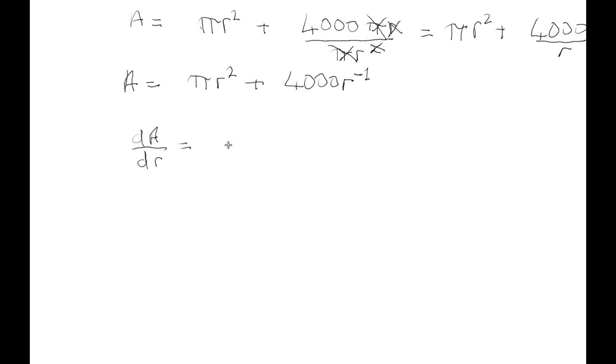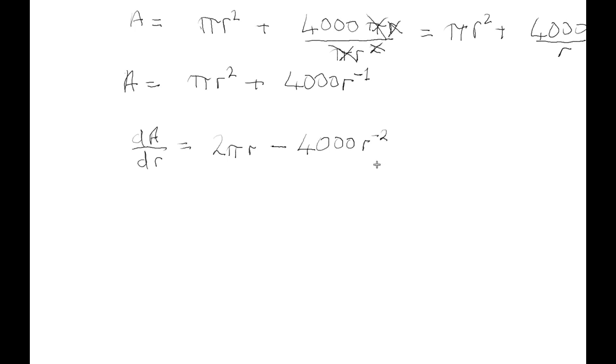In relation to r, the 2 comes to the front, multiplies into the front. Pi is a constant that we can't change. Well, we can double it obviously, and then it just becomes r to the 1. We don't put the 1 usually. Plus, well actually we're going to bring the -1 to the front, so it's going to change the sign. No other change will take place with our number, because it's times 1, -1, and then our r will become r to the power of -2.